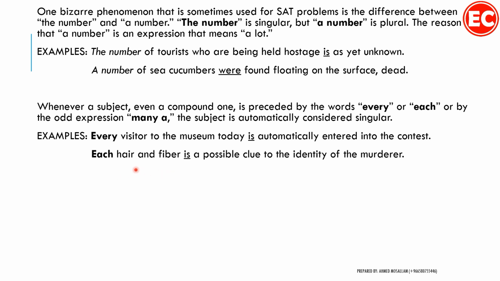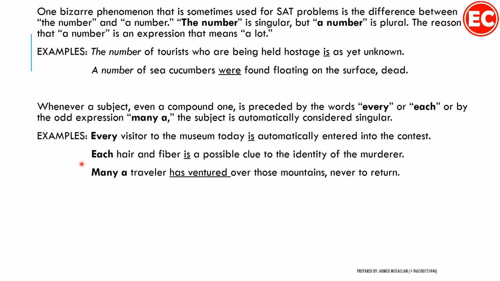See, hair and fiber looks plural, but we have the word each, so it's singular. Next, many a traveler has ventured. Also the same thing. It's a weird, odd expression. So many is singular, so has ventured.